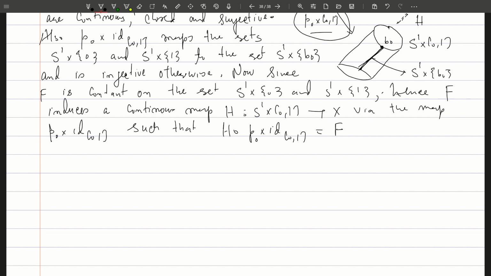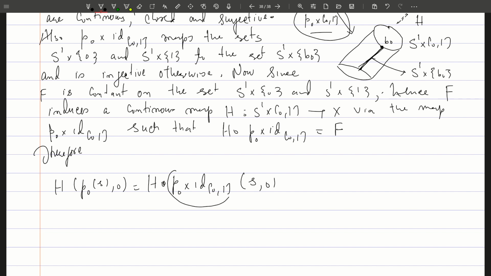So therefore, h of p naught of s comma 0 is the same as h composite p naught times identity on [0,1] of s comma 0, because when we operate this map over this point s comma 0, we get p naught of s comma 0 followed by the map h, but this is the same as f of s, 0.